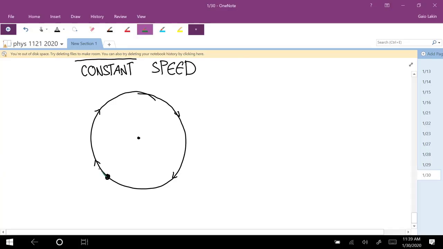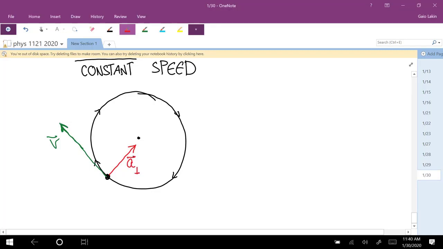The velocity is tangent to the path. Is it speeding up or slowing down? Neither, it's constant. So there's no parallel part of the acceleration. Which way is it turning? This way or that way? That way. Toward the center, yep. And so we have a perpendicular part of the acceleration like this.